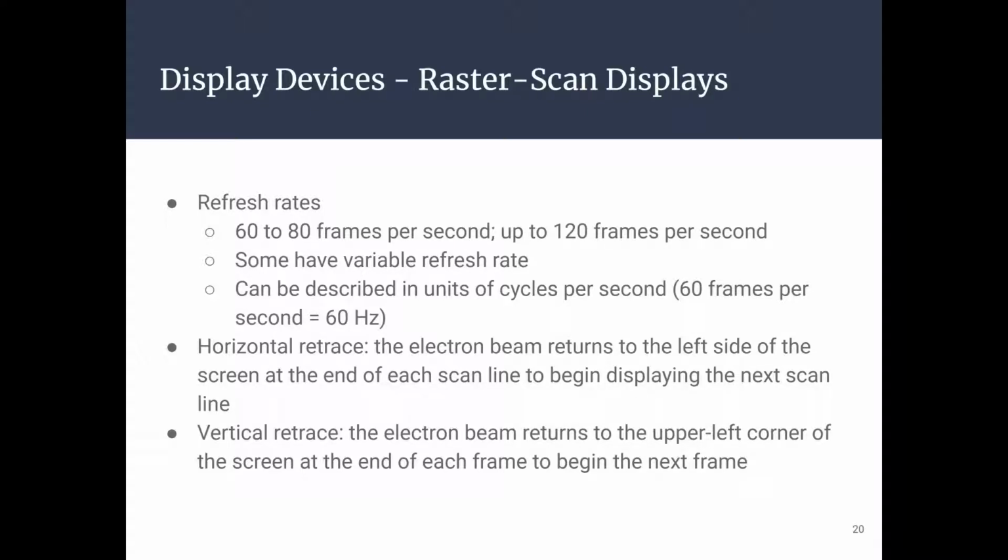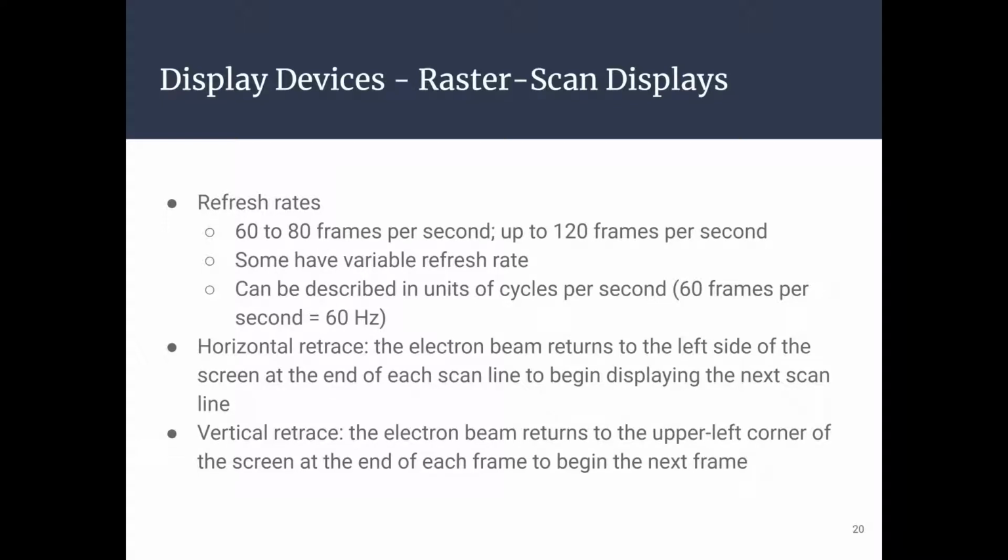Now let's talk a little bit about horizontal retrace and vertical retrace. These are actually very important when it comes to raster scan display. So the idea of the horizontal retrace is that the electron beam will return to the left side of the screen at the end of each scan line to begin displaying the next scan line. As I've mentioned earlier, the electron beam goes through each scan line from top to bottom, from left to right.